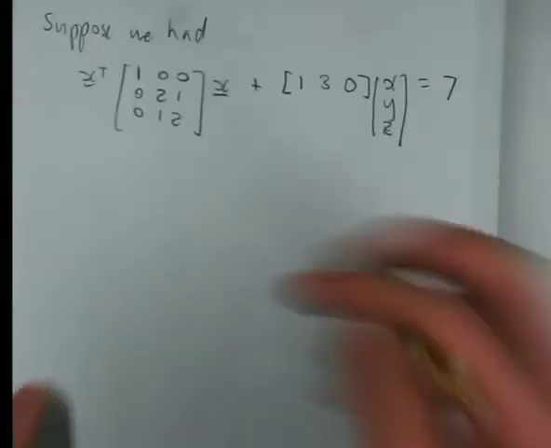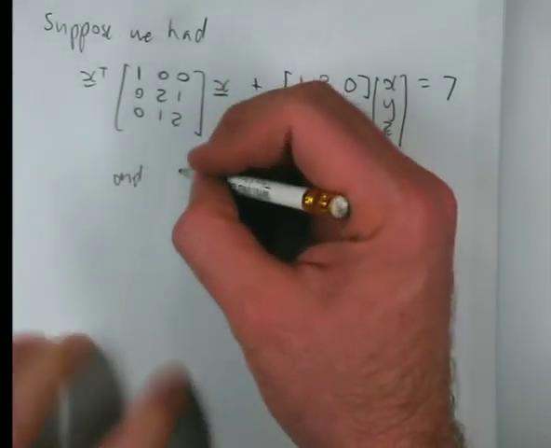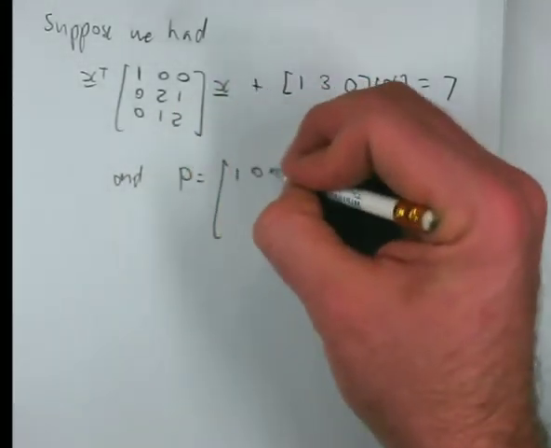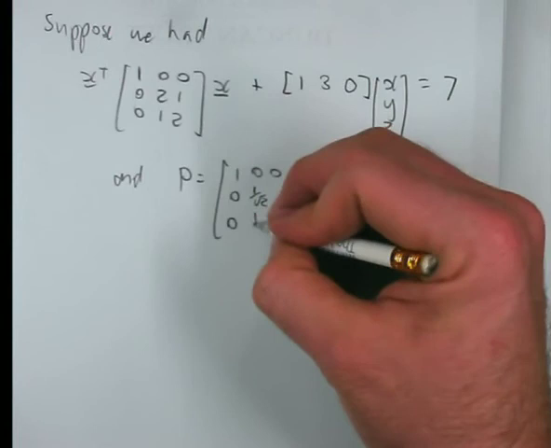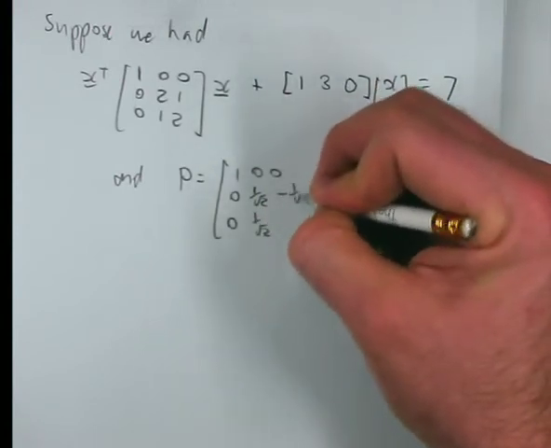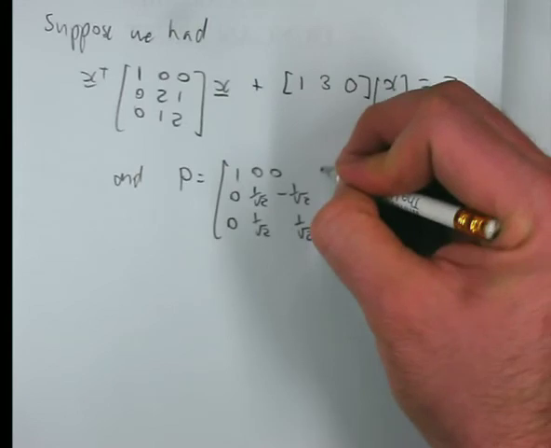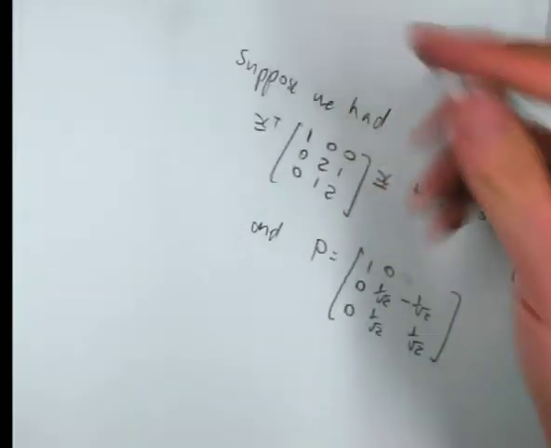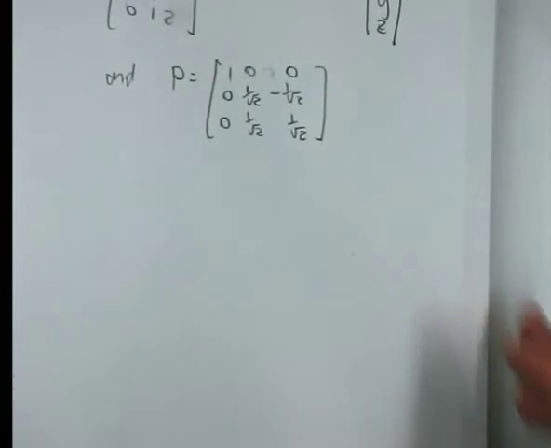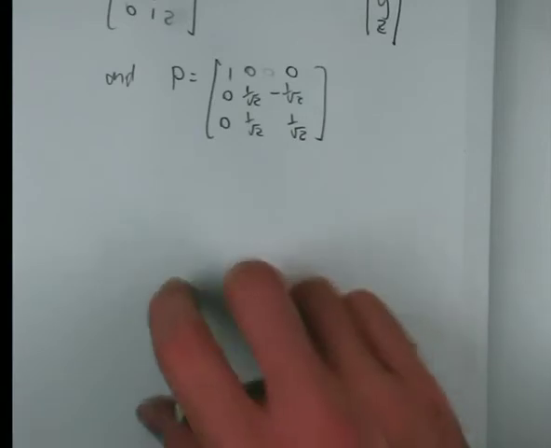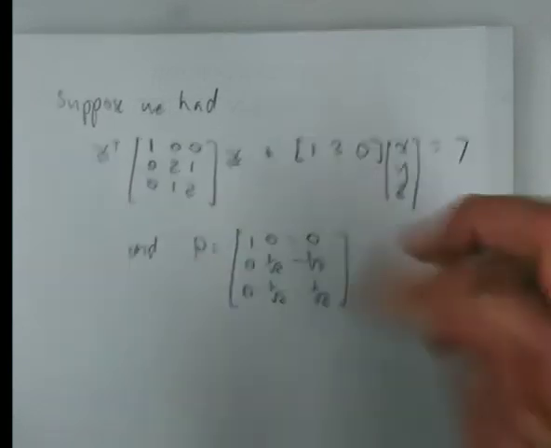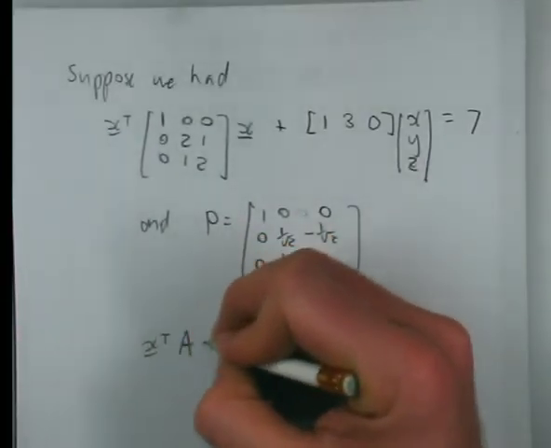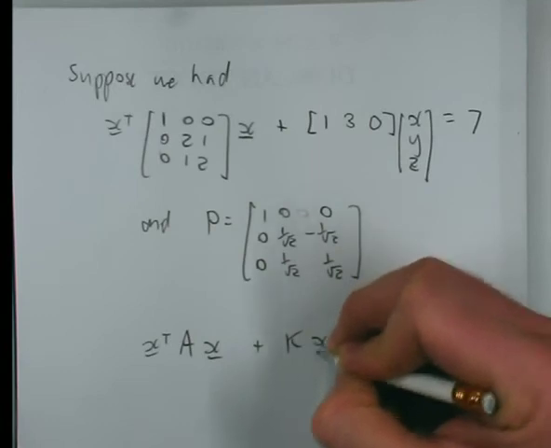Okay, suppose this is what we had, and we were trying to sub in this. They're all root 2's, by the way. So trying to sub in that. You know that they traditionally call this A and this K, right? So you've got X transpose AX plus KX equals 7.